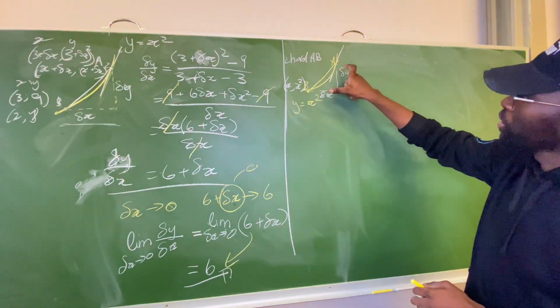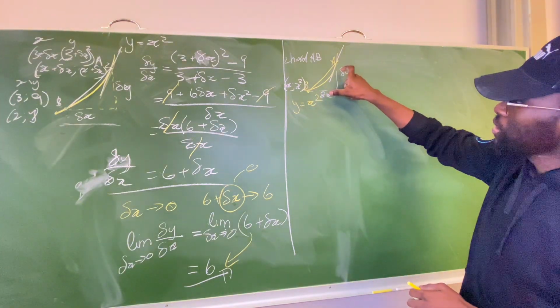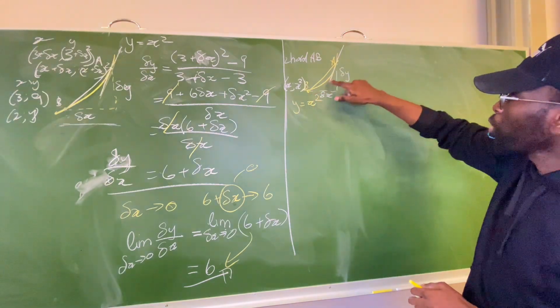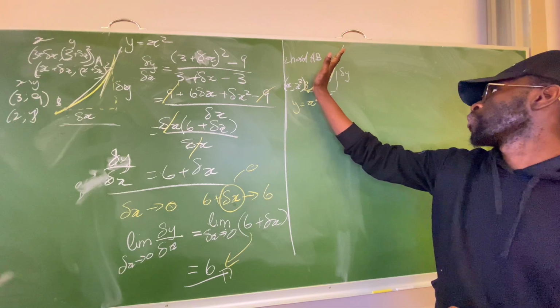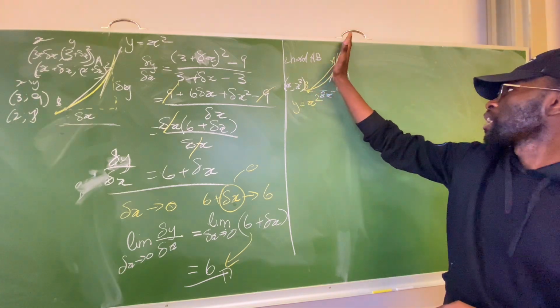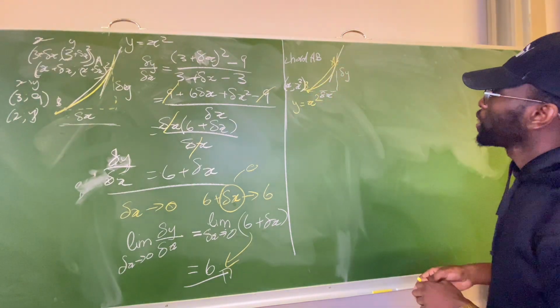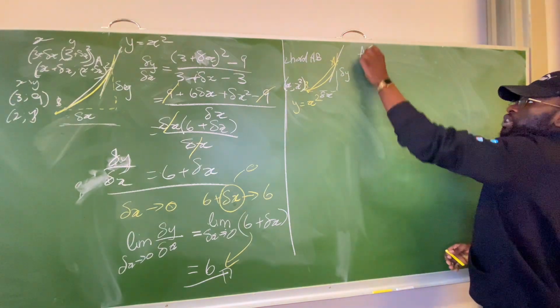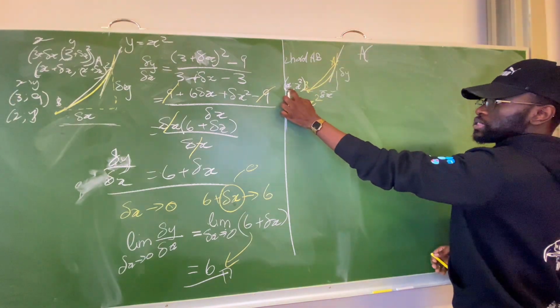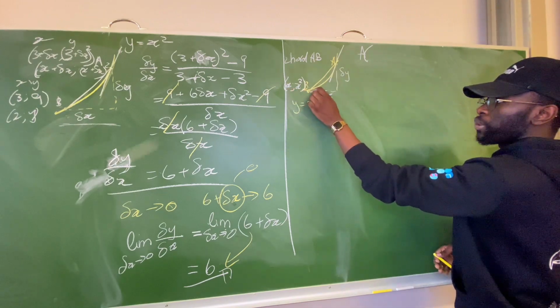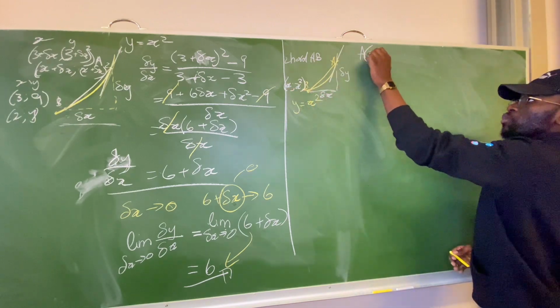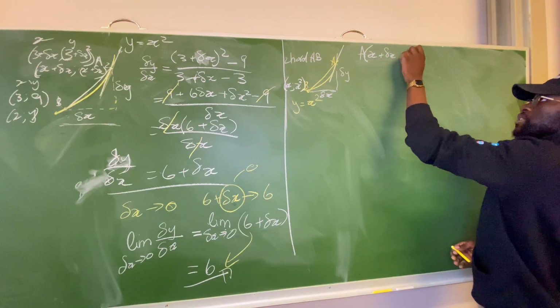Remember, we're still observing as point B approaches point A, so that we can take this gradient of the chord as it approaches the gradient of the tangent at point A. So the x value of A will go from x to x plus delta x.